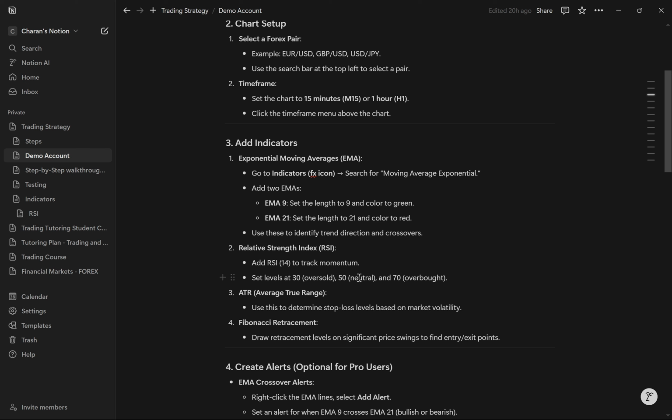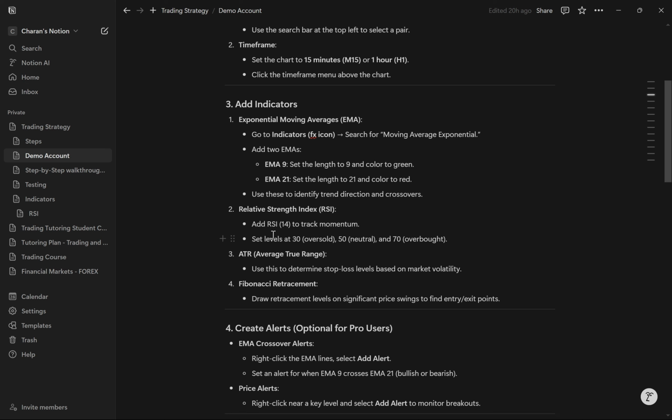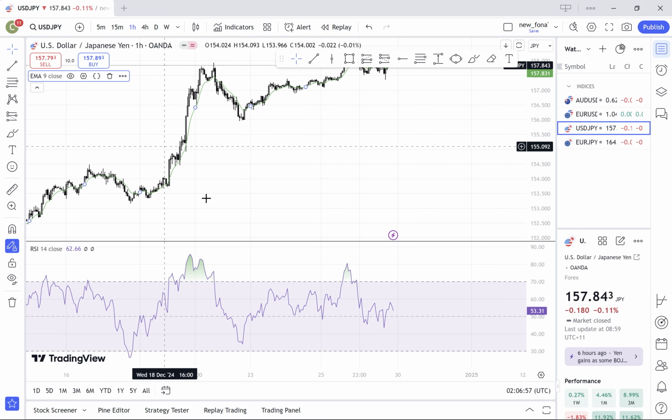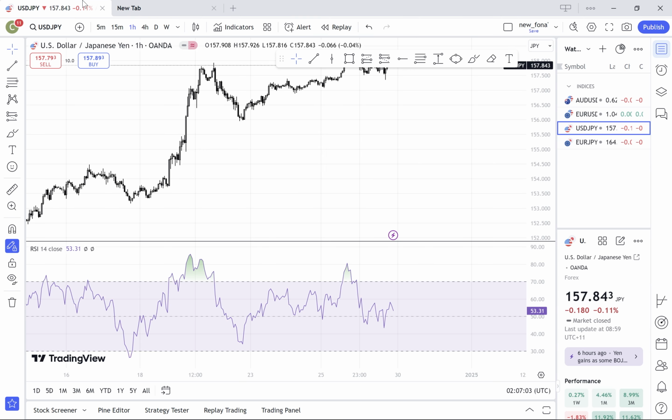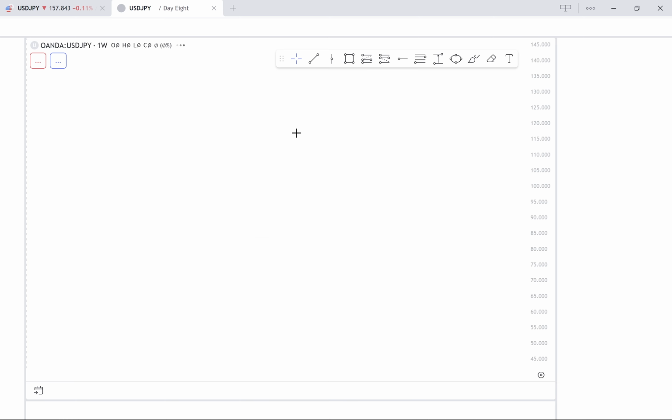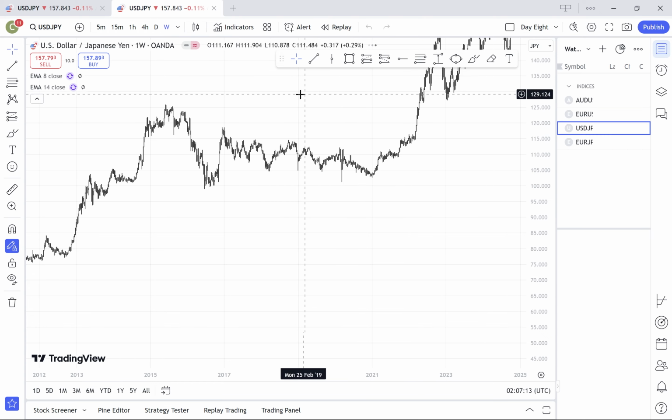Okay, seems like I can't add too many indicators as well. Oh no, guys, so sad. Okay, I think I can't add the other EMA. So what if I do this? I've opened another chart, our USD JPY. Let me just open that and add the two moving average indicators.